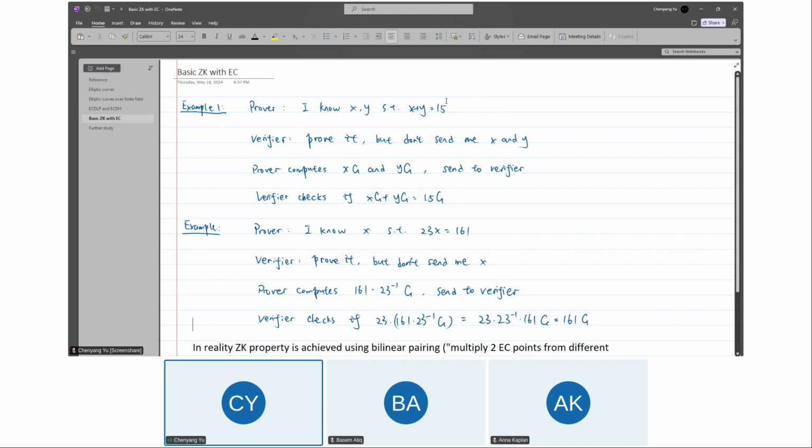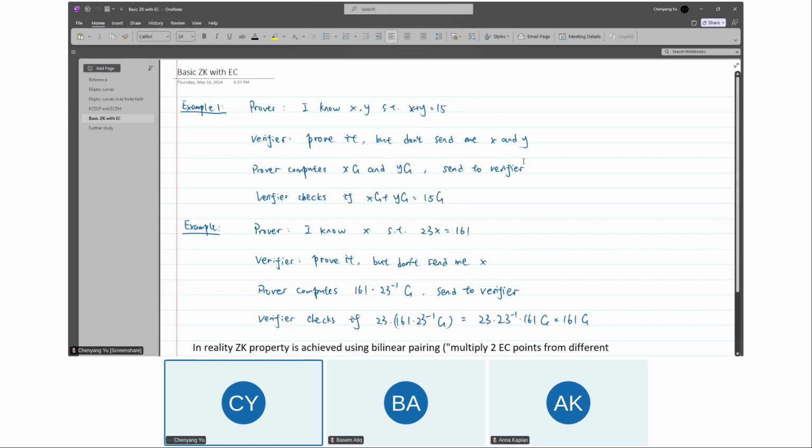So why are we studying elliptic curves? Because elliptic curves are connected to zero knowledge, but the problem is efficiency. Just remember that. If you just want to achieve zero knowledge but not succinctness, you can just use bilinear pairing, I think.